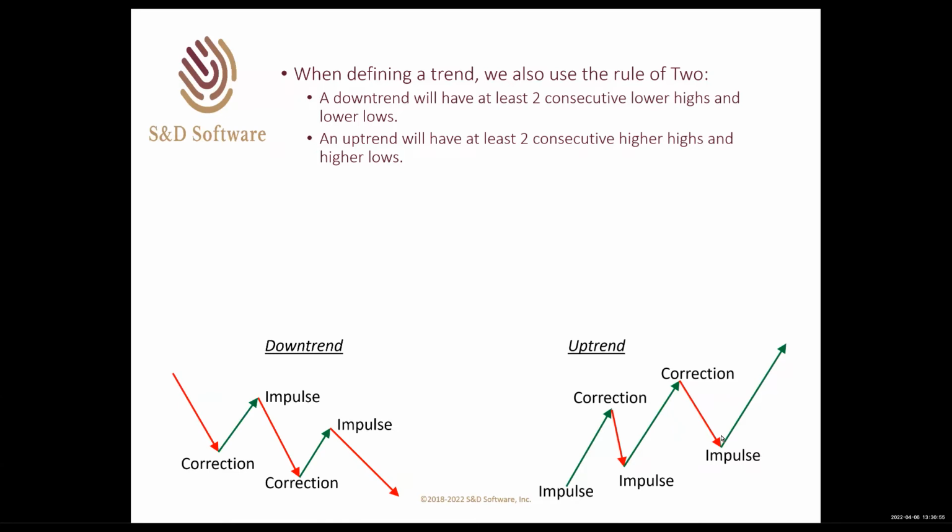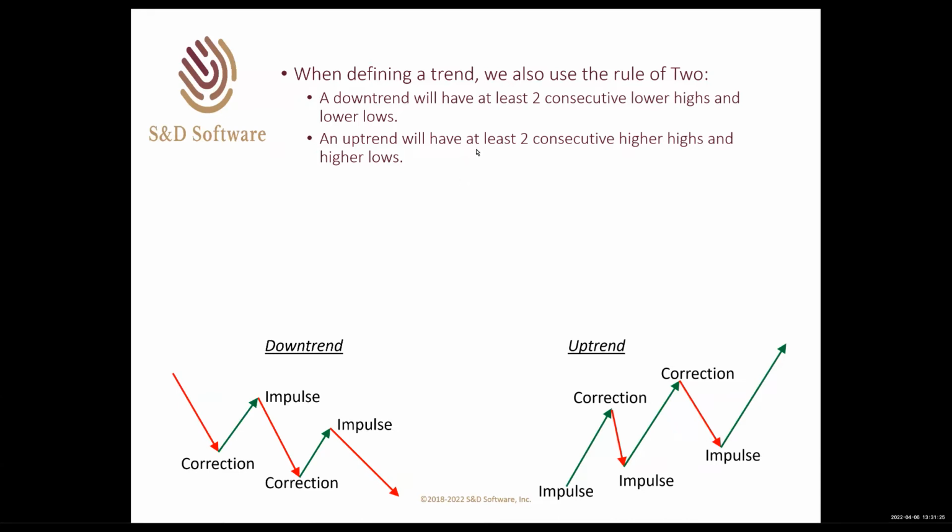As you'll see later, there is a relationship between the impulse and corrective moves on one time frame and the trend on lower time frames, and we're actually going to look at that in quite some detail. But it's important that we draw a distinction between them. Just because price changes direction does not mean that the trend has changed. And it's important to remember that and keep that in mind.